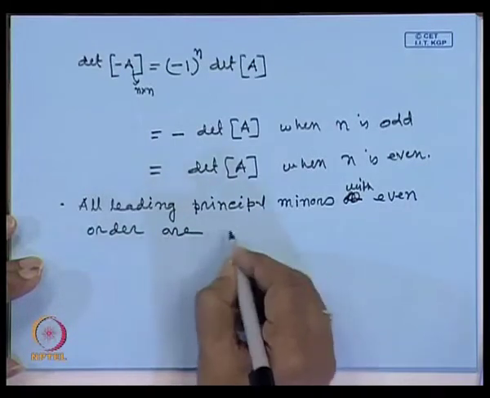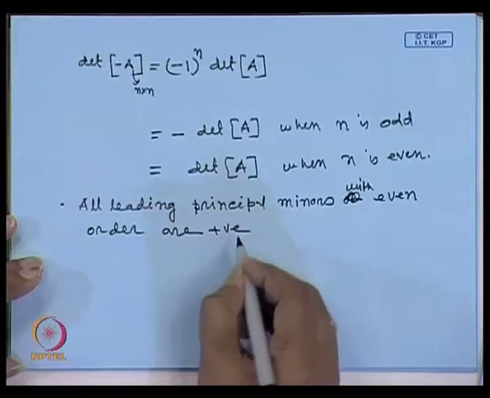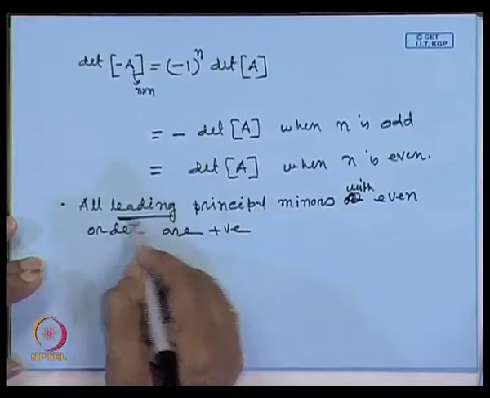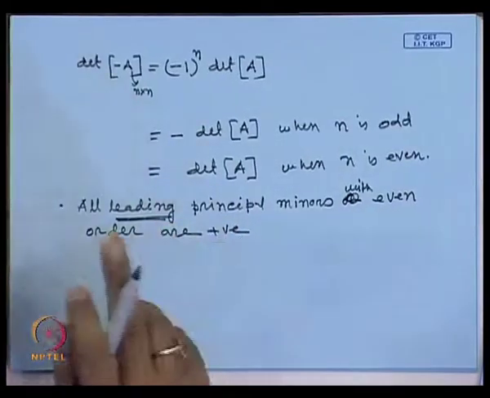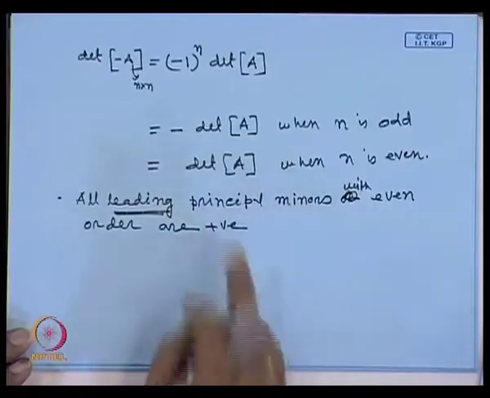All leading principal minors with even order, please remember, I know how to find the leading principal minors. Even order means the dimension of the matrix extracted from the original matrix Q is either 2 by 2 or 4 by 4 or 6 by 6, all even dimensions.